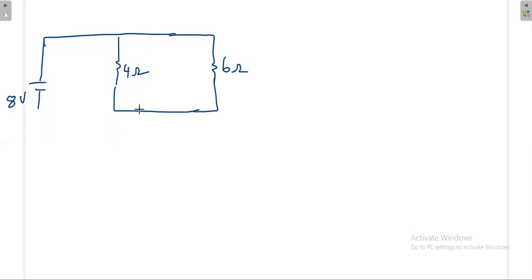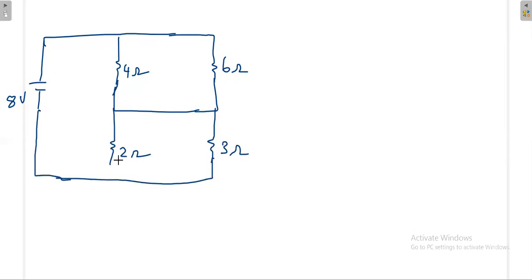Okay, it's not open, it is short. And again here 2 ohm, 3 ohm. So again if you see here, the bridge is balanced. 4 into 3 is 12, 6 into 2 is 12. So the bridge is balanced. But if there is a resistance, you can remove the resistance.